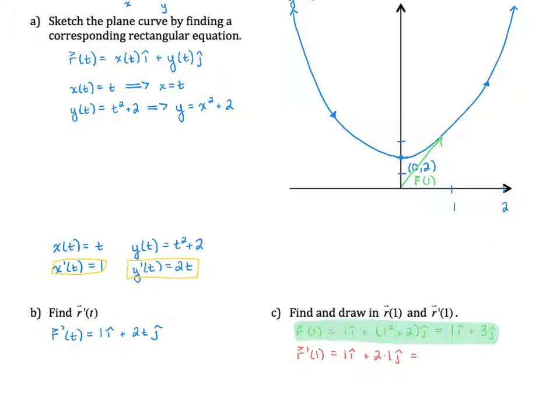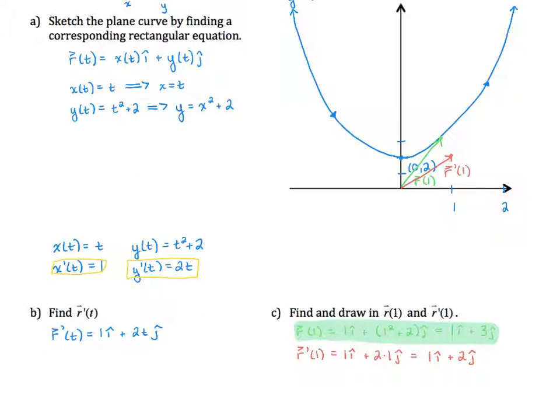So that is 1 i hat plus 2 j hat. Let me add that in red. 1 in the horizontal direction, 2 in the vertical direction. So this is r prime of 1.